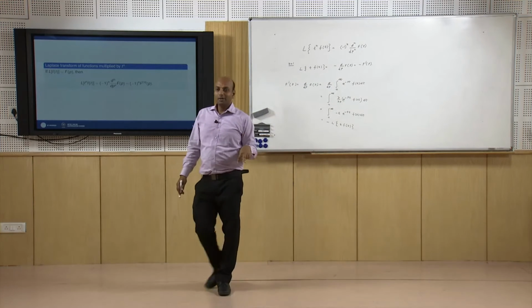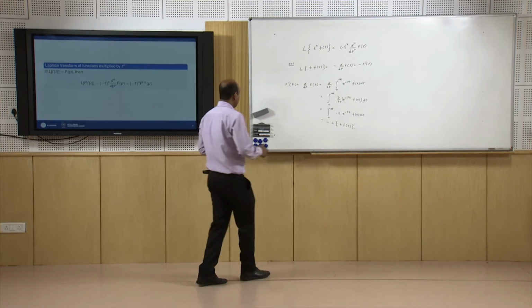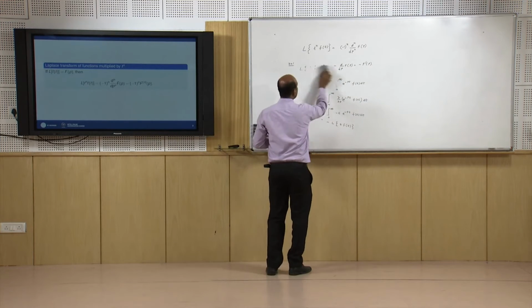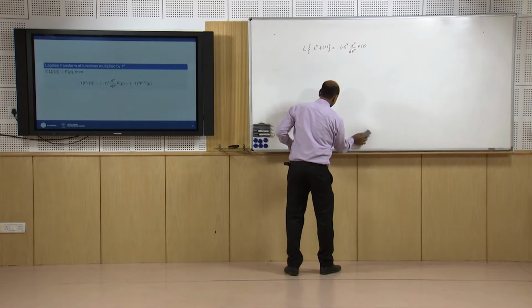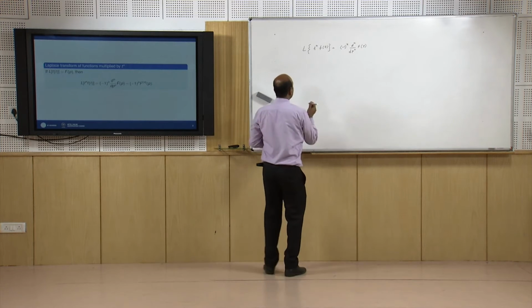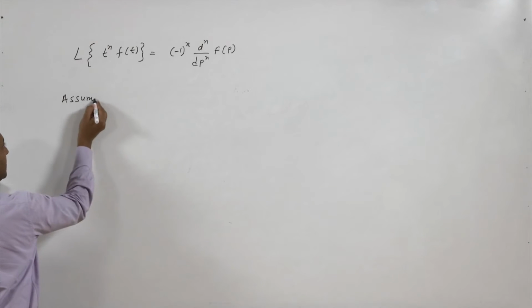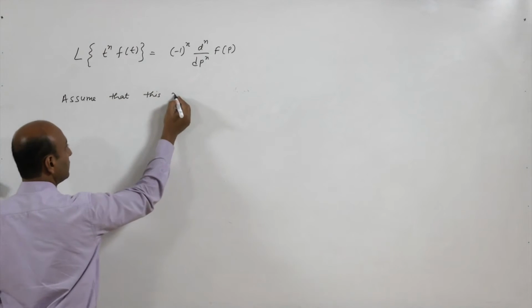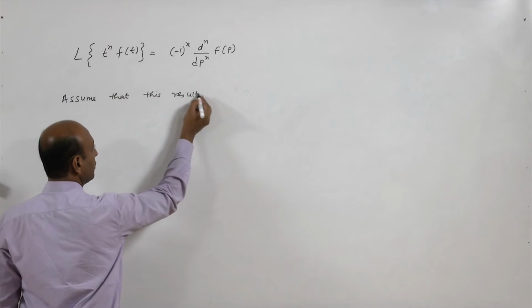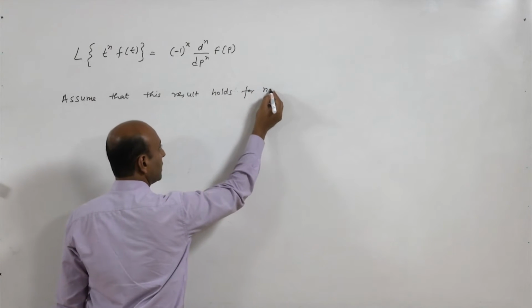Now, assume that the result holds for n equal to say k, and we will try to prove that this result also holds for n equal to k plus 1. So, assume that this result holds for n equal to k.